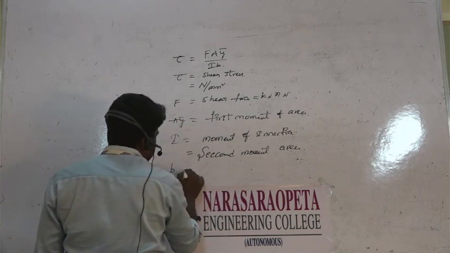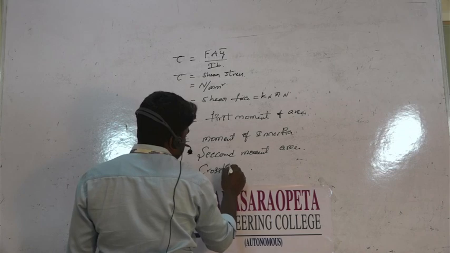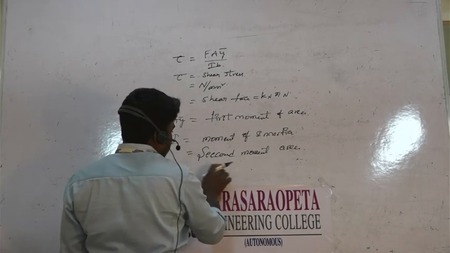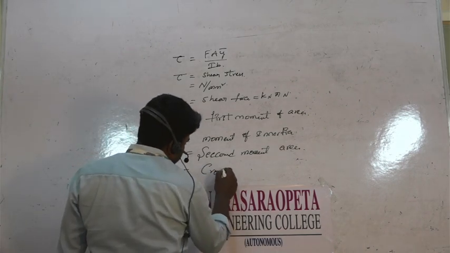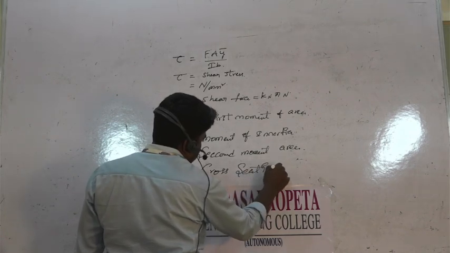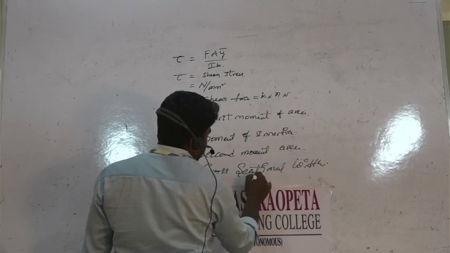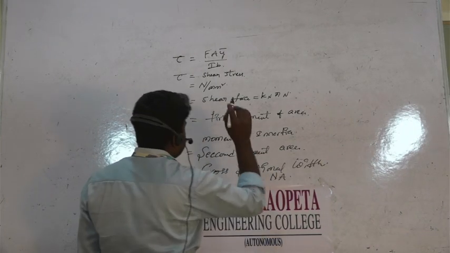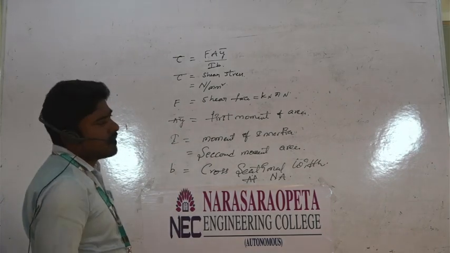Then B is the cross-sectional width at the neutral axis.